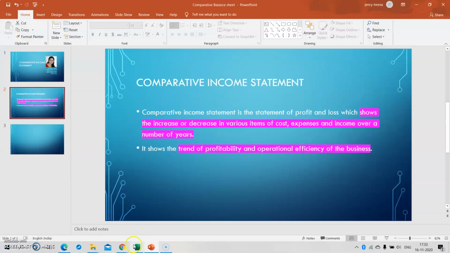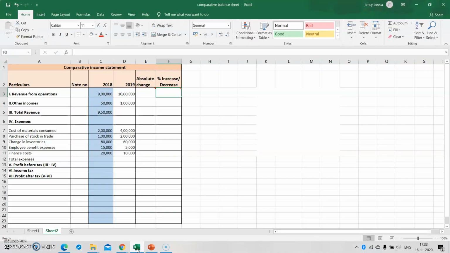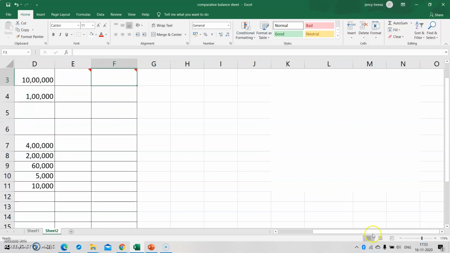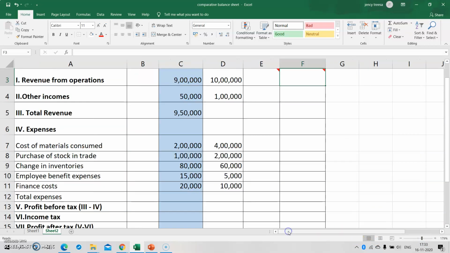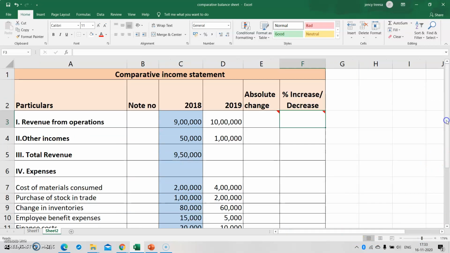So let us see how that is prepared. The question is given in the form of an Excel sheet, and you can see that the figures of 2018 and 2019 are given here.